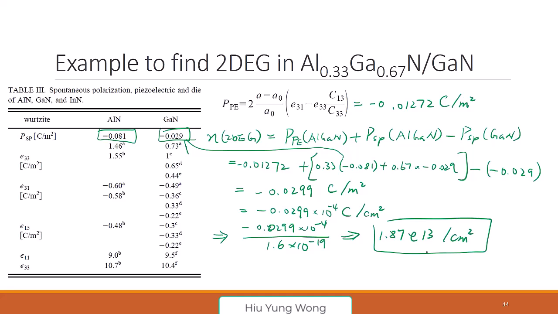This is the number of electrons, while the other was charge per cm square. So you see that it's a very huge density. This is per cm square, not per cm cube. That's why this high electron mobility transistor, the GaN, has a very high electron density, very high velocity, and that's why it's very fast, good for RF application.